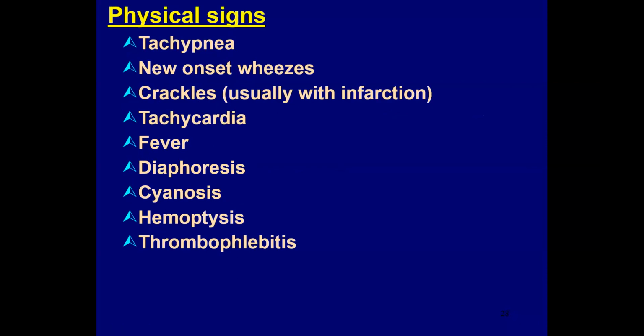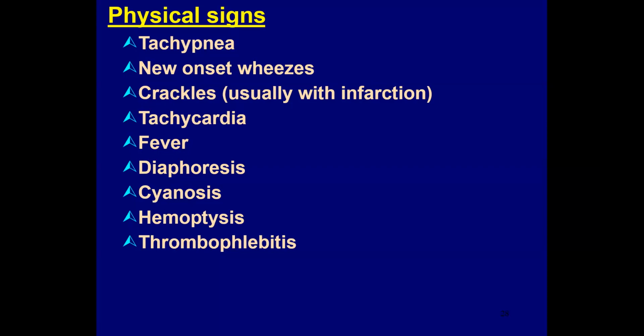Physical signs include tachypnea and new onset of wheezes. The patient has no asthma, no COPD, but they are wheezing, and this is a sign that could be pulmonary embolism. There may be crackles on auscultation, and this is usually a sign of an infarction.